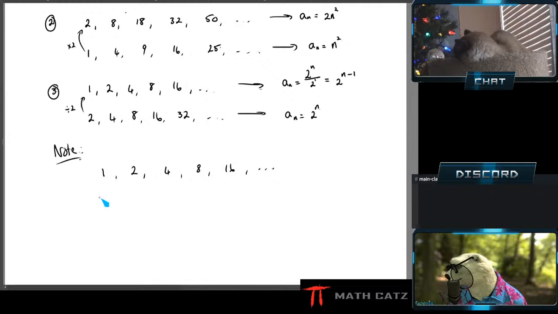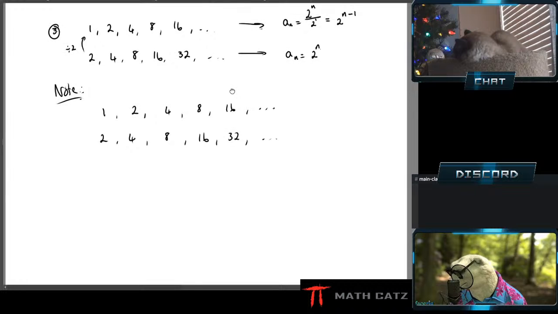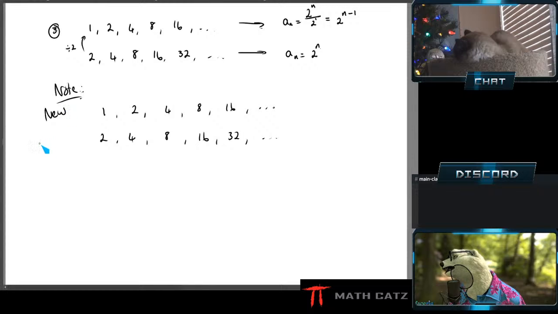But sometimes there are multiple ways to do things, and sometimes I have the choice of either one, sometimes I don't. So it's good to see it in this example. I could have gotten the given sequence, so this is the new sequence, this is the basic one, right? Powers of 2 are the basic ones. I already have the formula, so it's not about finding the formula, it's about finding a different connection.